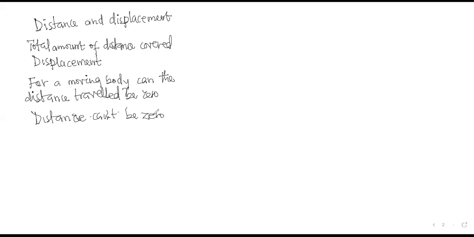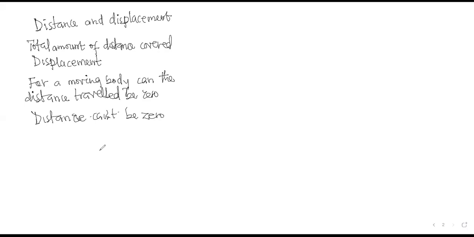I'm not so much convinced. Any more hands? Osafo? Please, if the distance is not zero, I also think the displacement cannot be zero. Okay, he is saying that the displacement cannot be zero once distance is not zero. Let me hear from Gerard. Sir, please, displacement can be zero.